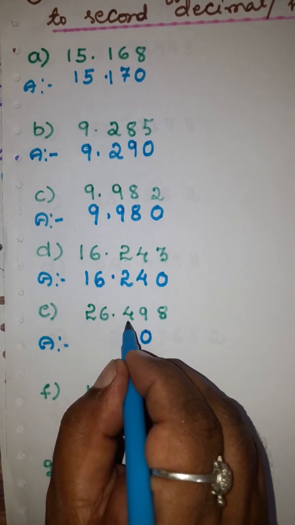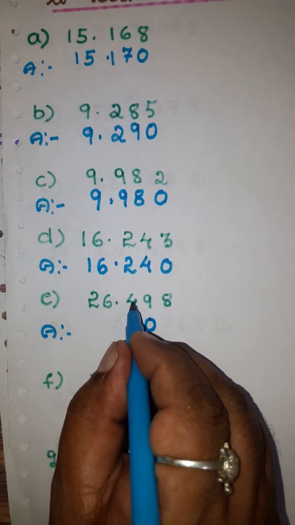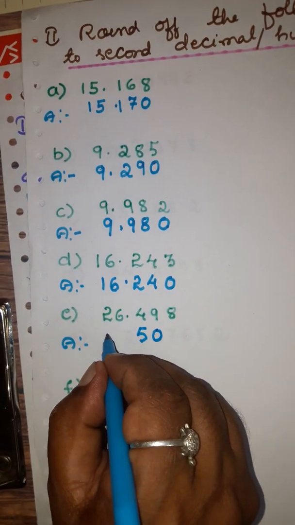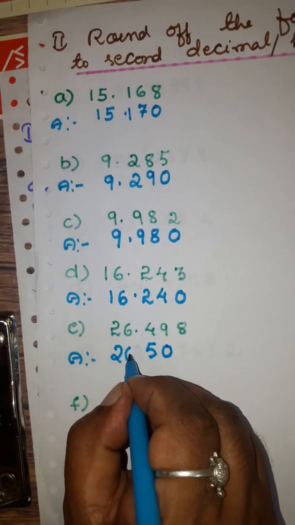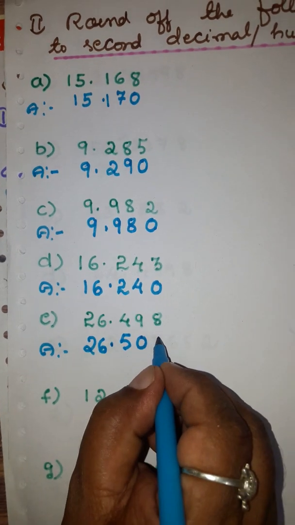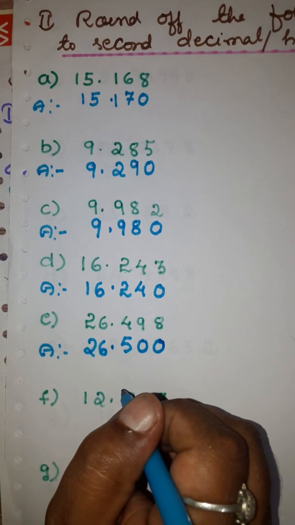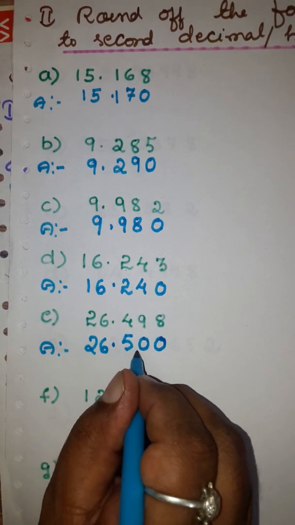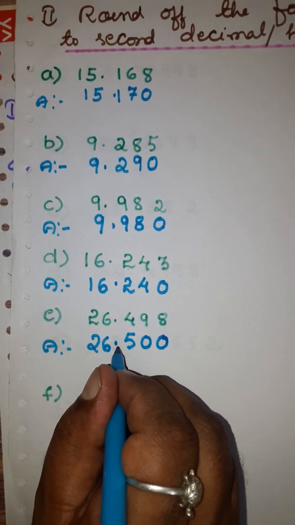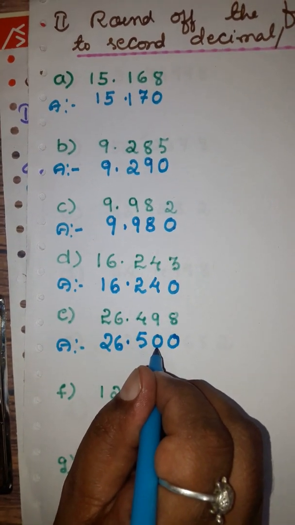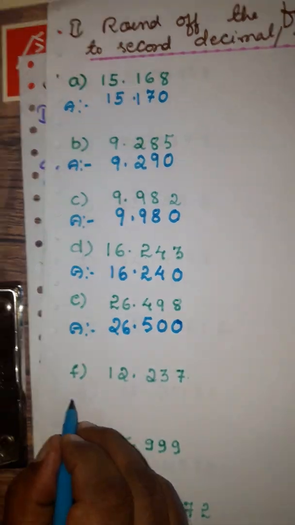Carry 1 to the first decimal place. 4 plus 1 is 5. So whole number remains undisturbed. 26.50. I can write one more 0. Nothing happens. Now the answer is 26.500 or 26.50. You can write 50 there only. No problem.